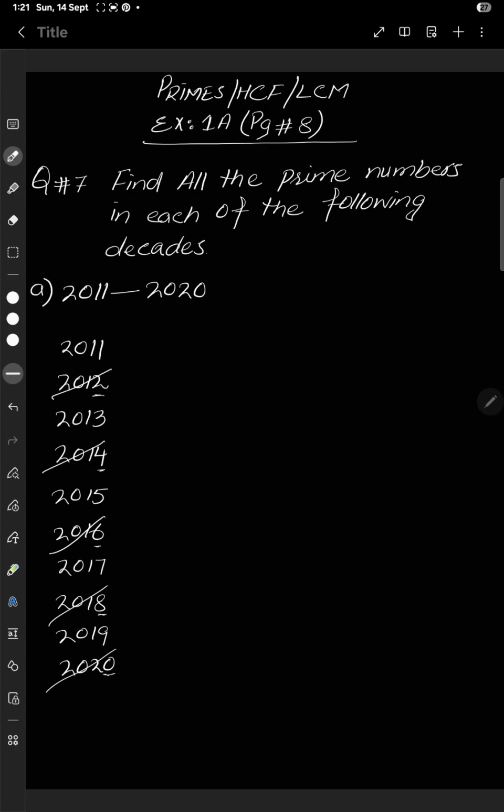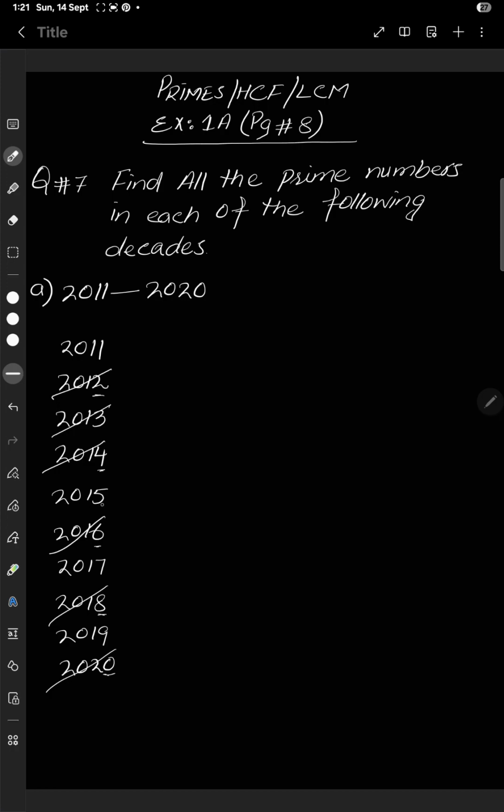If I take the sum of these digits, the answer is 6, and 6 is divisible by 3. So this means 2013 will also be divisible by 3. Right? So I'm going to cut this number as well.